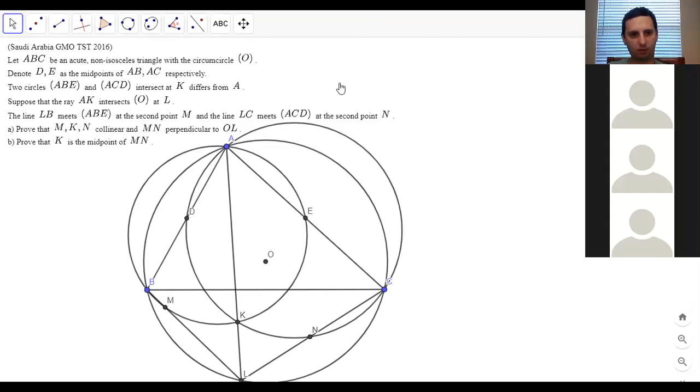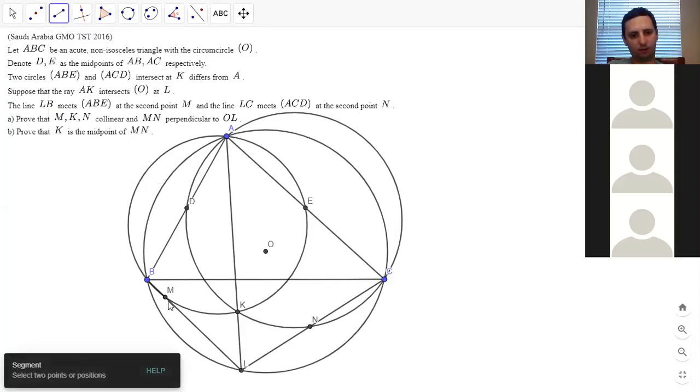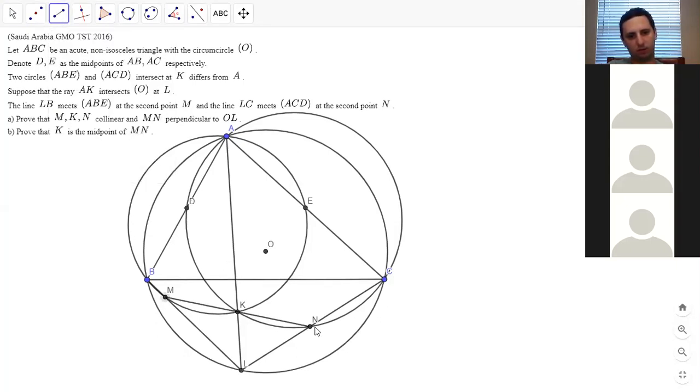MKN is collinear due to an angle change. Because we can show that those angles add up to, yeah, so it's kind of trivial that they're collinear. Yeah, I saw that just a minute ago.